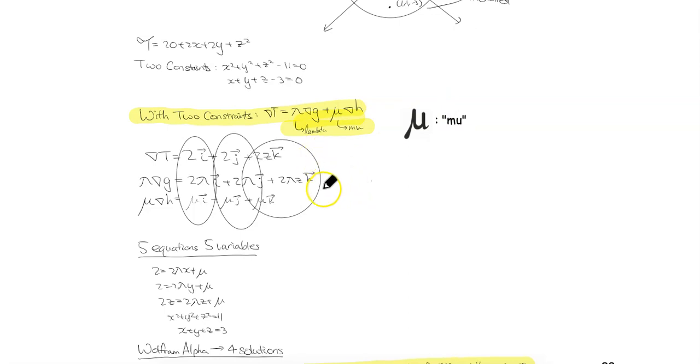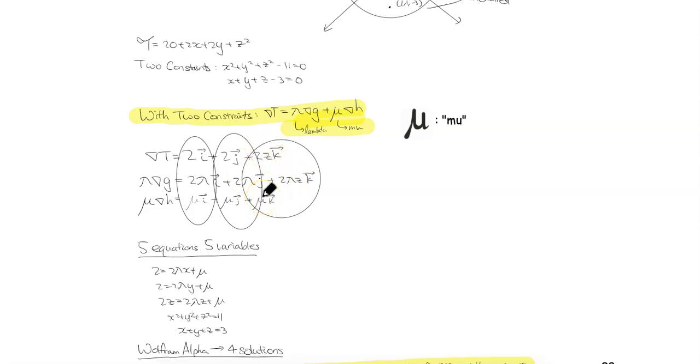So when we set this up, we can calculate del T, lambda del g, mu del h, and we need 2 equals 2 lambda plus mu, 2 equals 2 lambda y plus mu, and 2z equals 2 lambda z plus mu.